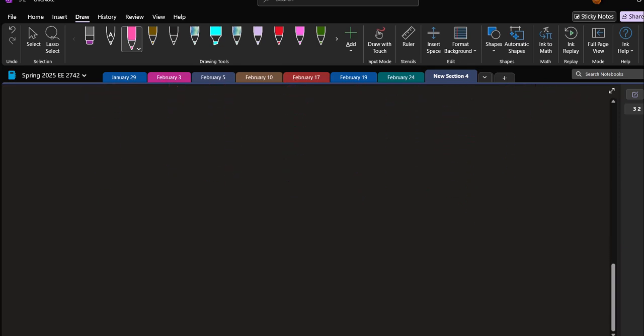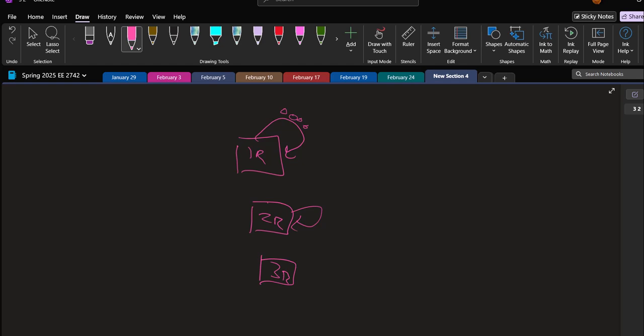So we know that whatever rest states we have when we get around to doing our diagram, if these are our rest states, 1 rest, 2 rest, and 3 rest, if all our inputs are 0, so 0, 0, 0, 0. How many inputs do we have? Just 4? Yeah, 4. If all our inputs are 0, it's always just going to stay in the rest state, so we know that.